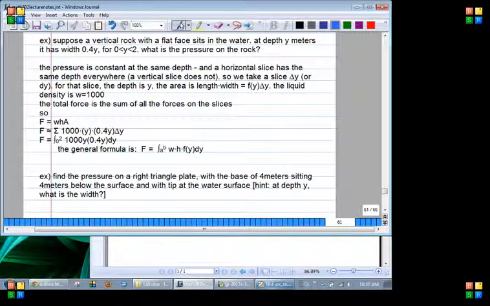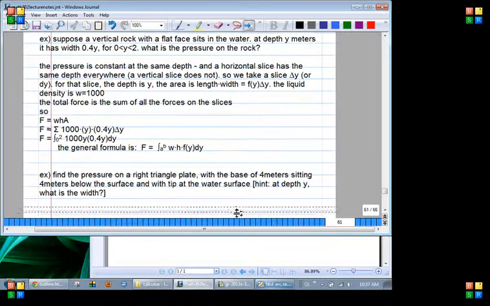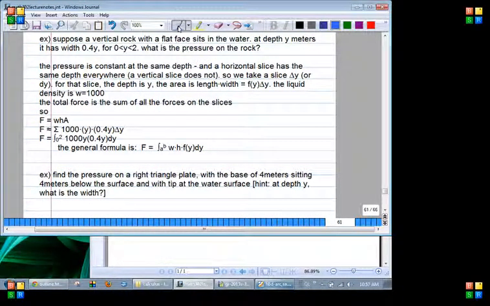So let's use that to do this problem. Okay. So we've got a right triangular plate.